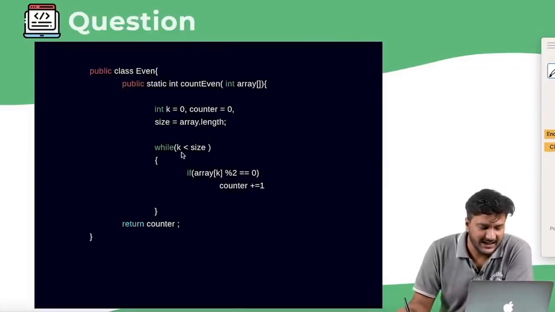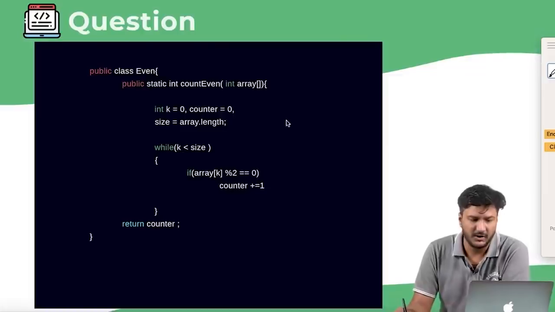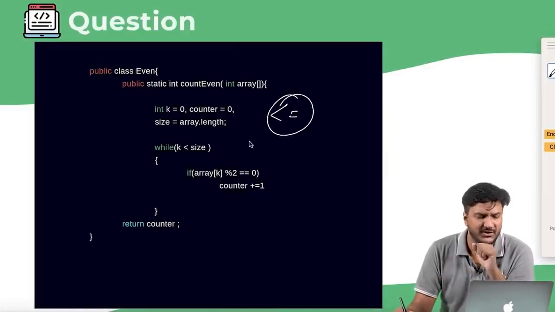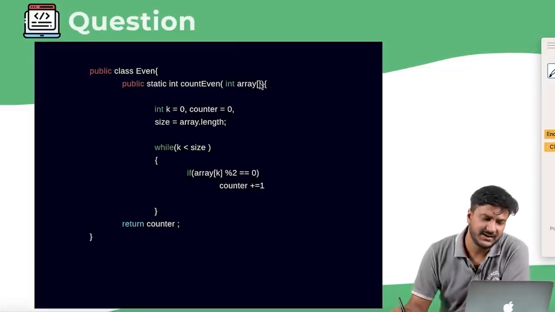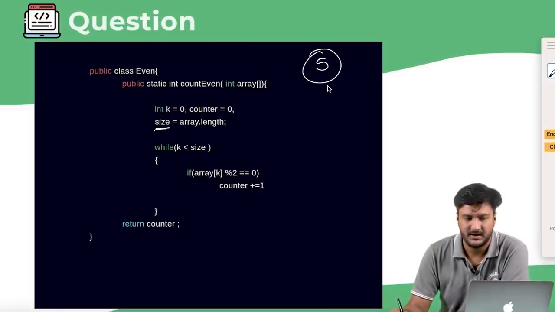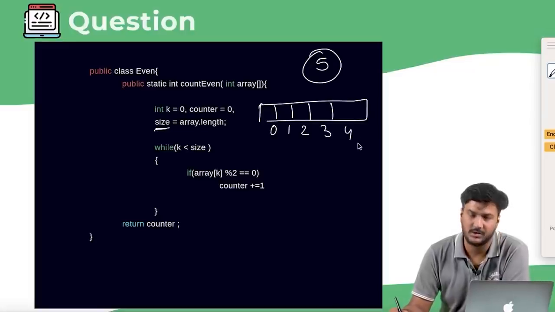So now while k is less than the size, right? So now a lot of you may say that, okay, not less than, it should be less than or equal to, but I'll say no. Actually, the size will say that, okay, my size is 5, right? But in the array the elements would be 0 1 2 3 4, right?